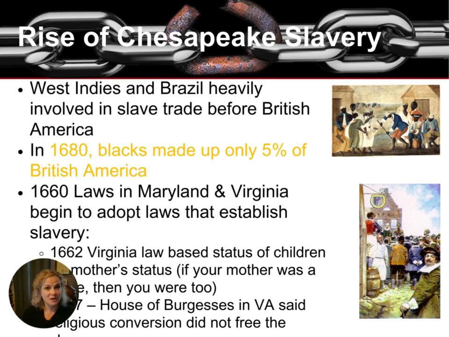Even though everything in British America was patriarchal, and if you inherited your father's name it was a patriarchal line, they decided to make the status of slaves matriarchal. In other words, if your mom was a slave, you would become a slave. Those laws started to pass in some of the Chesapeake areas like Virginia and Maryland, and so we start to see this really change.